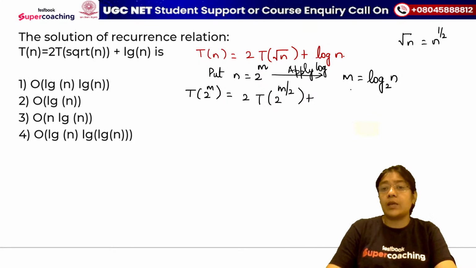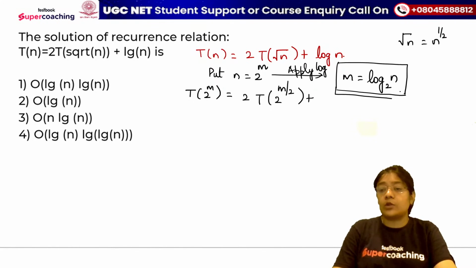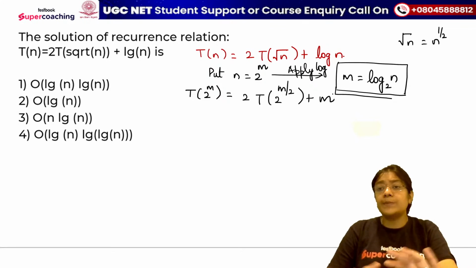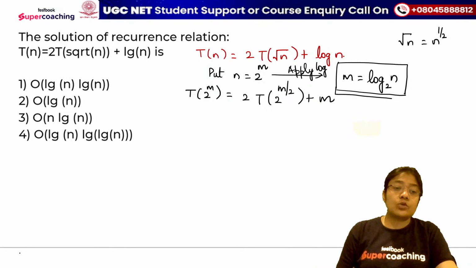Although options में कहीं भी आपको log नहीं दिया है, so you can ignore the base. बेस कहीं पे भी स्पेसिफाई नहीं किया हुआ तो आप बेस को स्किप कर सकते हो, but if you are finding the transfer, then definitely here we will be having the base 2. Plus log n is nothing but that is equal to m. अब सब कुछ m की फॉर्म में आ गया, अब इसको सॉल्व कर लो.